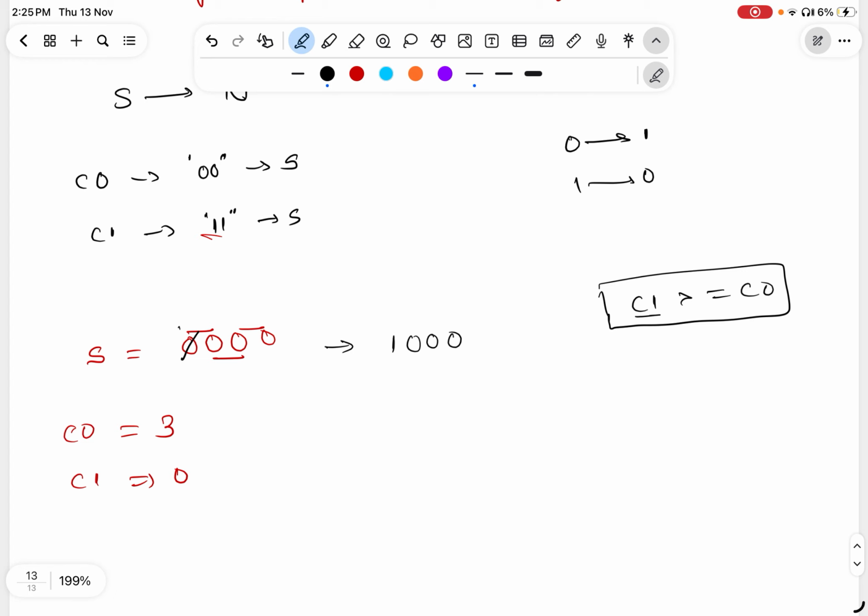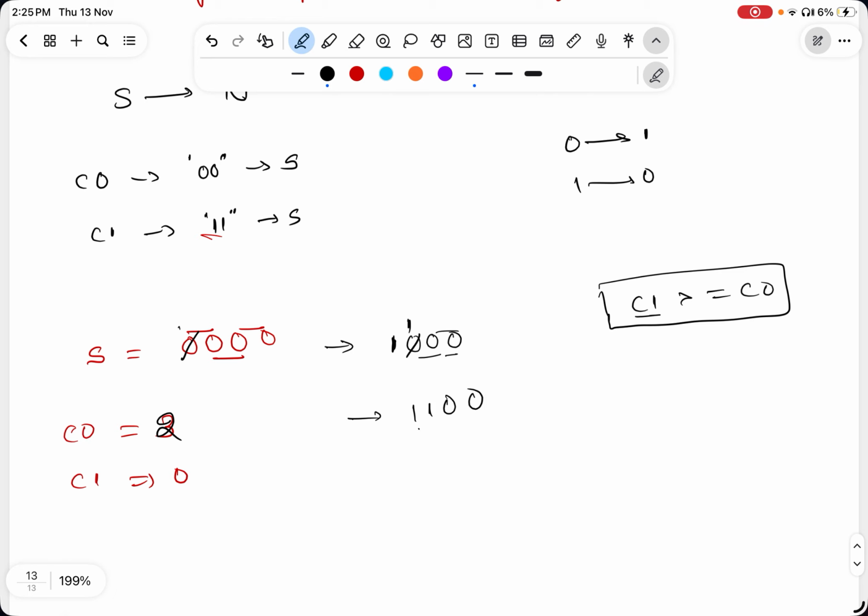If I change one character to 1 by a flip operation, then the number of substrings 0, 0 will be 2 now, and C1 did not change. C0 is still greater than C1, so I need to perform one more operation. If I flip the second character, it will look something like this.